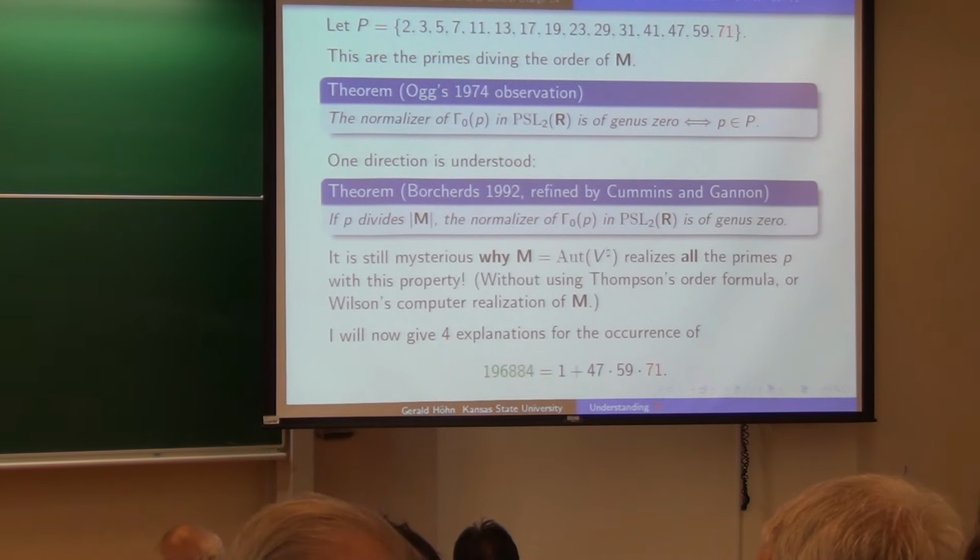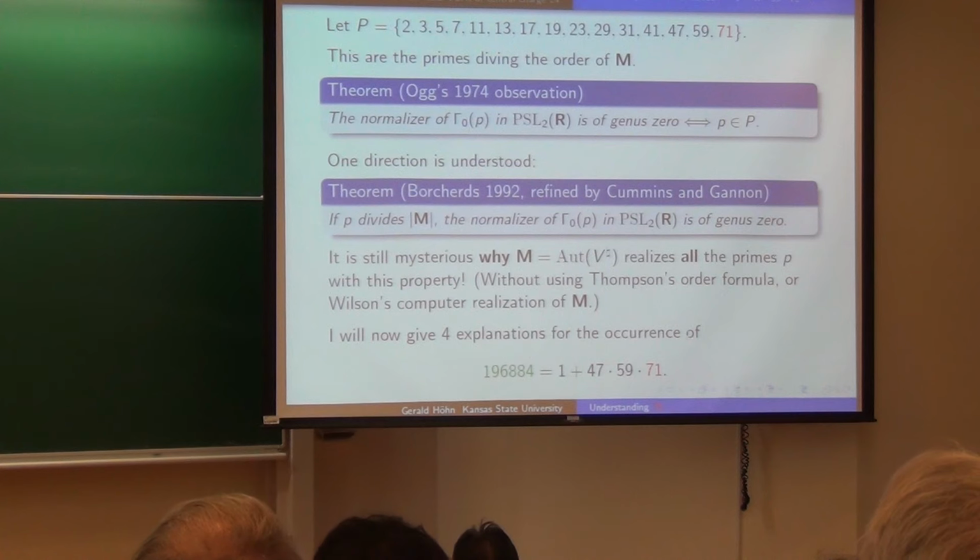But what I want to talk about now are four possible explanations for the occurrence of the dimension of the Griess algebra, or the extended Griess algebra. In the Moonshine module, which is a transfer from a conformal field theory, we always have the energy stress tensor, and that's the reason why we have to add 1 here.